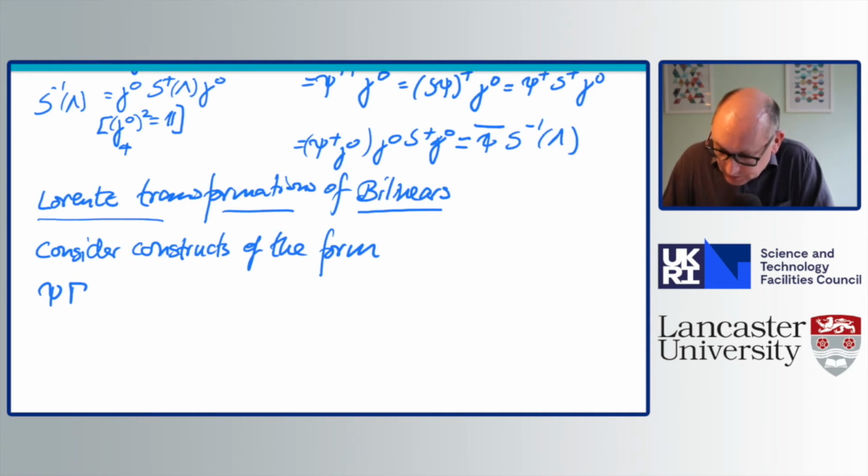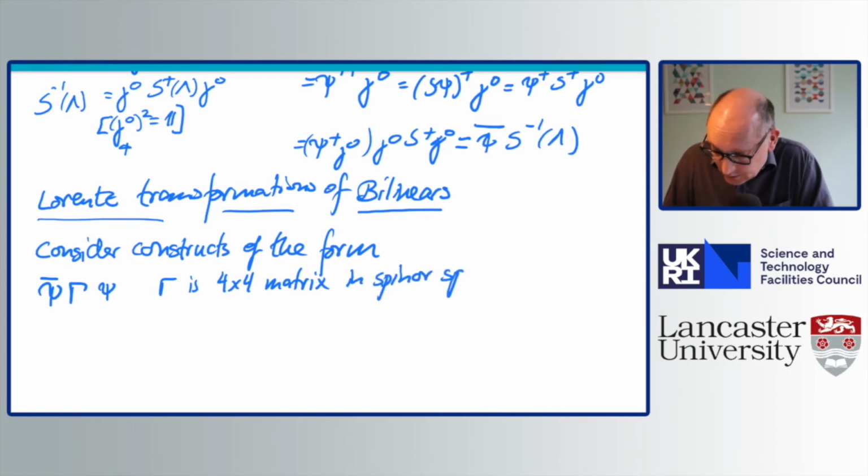I said psi bar, a matrix gamma, psi, where gamma is a 4x4 matrix in spinor space, so acting on the spinor indices of psi and psi bar.